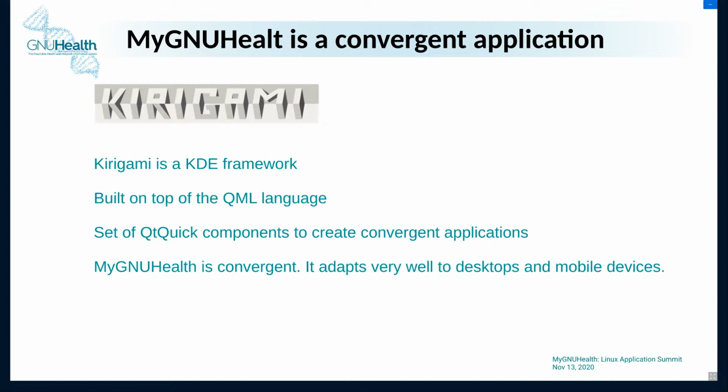So if you are running MyGNUHealth on your desktop computer, you will have your widgets and your UI adapted to that desktop computer. Now, with the same code, you will be able to run it on a mobile device, whether it's your tablet or your mobile phone.